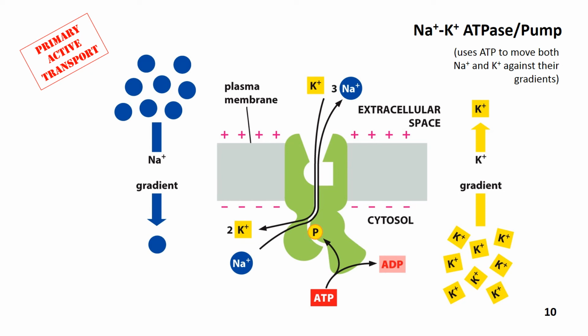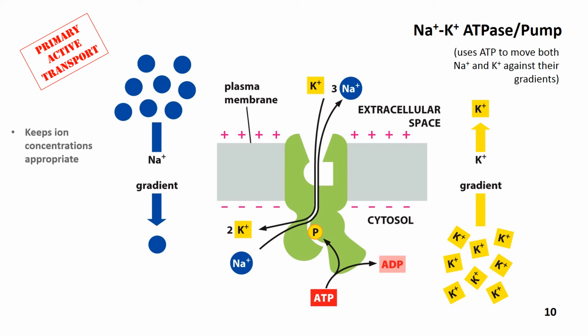As the previous video suggested, 3 sodium molecules will be moved from inside of the cell to outside, and 2 potassium molecules will be moved from outside of the cell to in. The gradients that are indicated on this image show that both molecules are being moved against their concentration gradients.